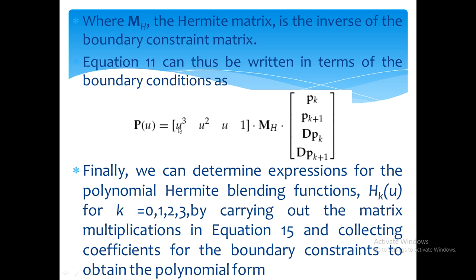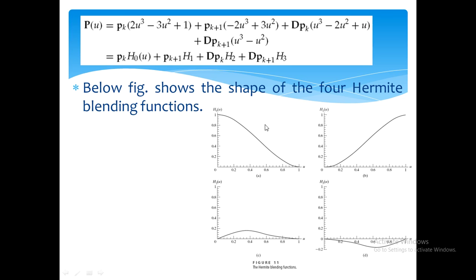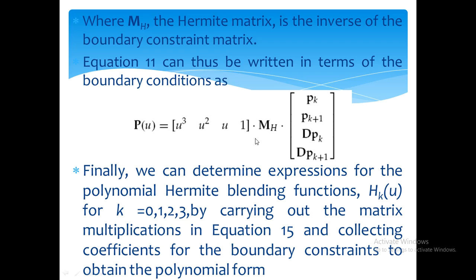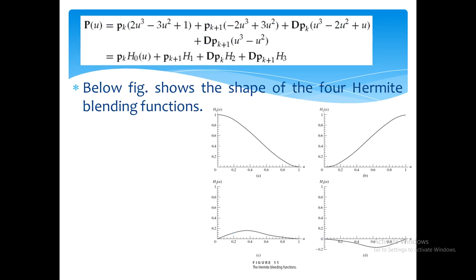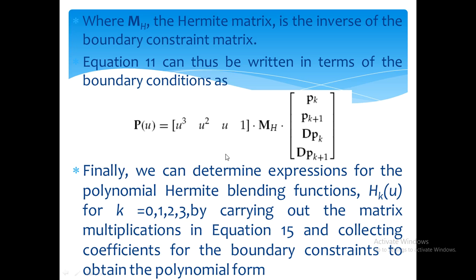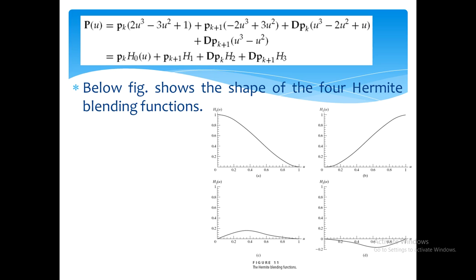Then this is u cube, and MH has here 2, that is 2u cube, then minus 2u cube, then minus 3u cube, that is minus 3u square, because we are multiplying row into column. This u cube is a row, this is a column, then plus 1, that is P_k, then P_k+1, that is minus 2.